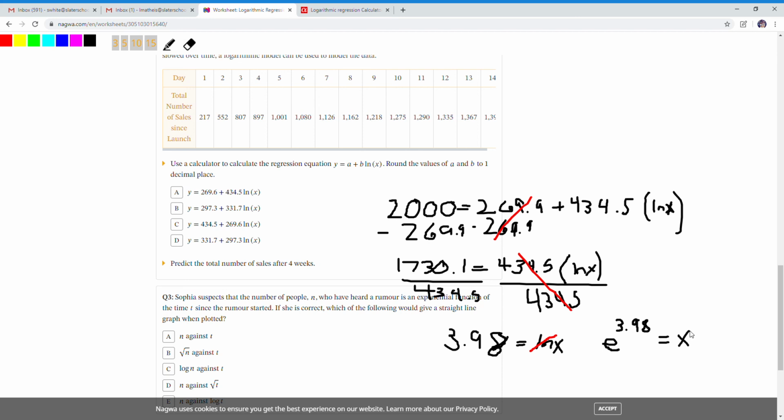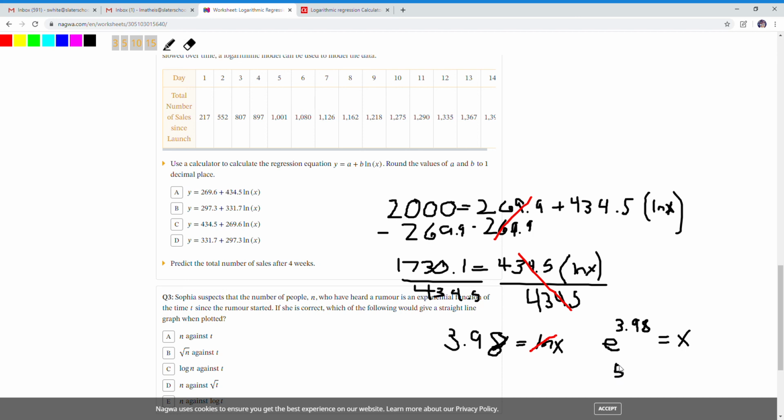And that equals x. So effectively, we pick up that natural logarithm, we take it away from the x, and we put it over here in the form of an e. So we write in e to the 3.98 power, and we end up with 53.5.